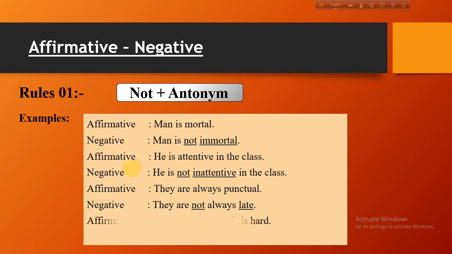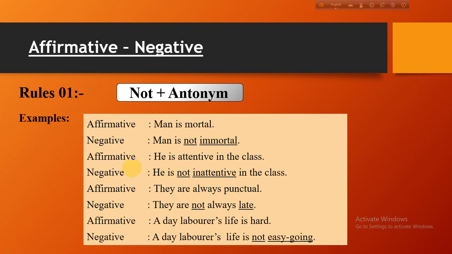Let's come to another last example. A day laborer's life is hard. If we change it to negative, the sentence is: A day laborer's life is not easygoing. Again, after the be verb, we have to use not, and the opposite of hard is easygoing.